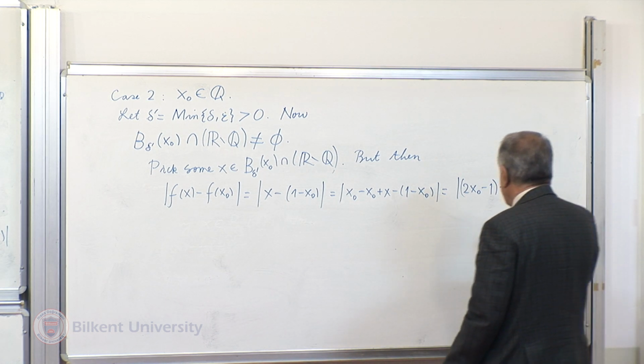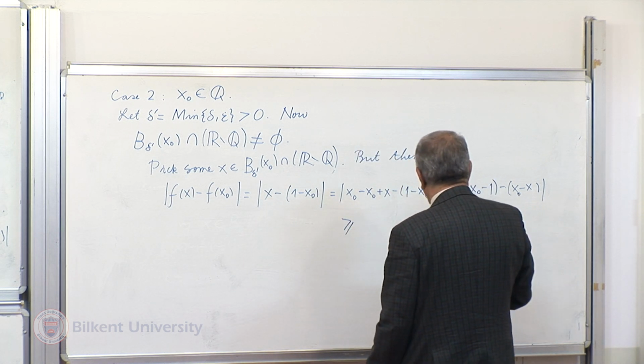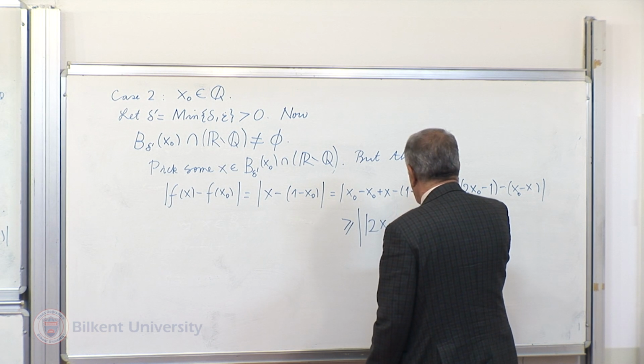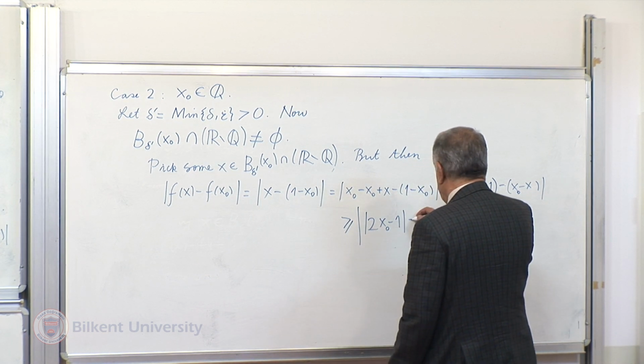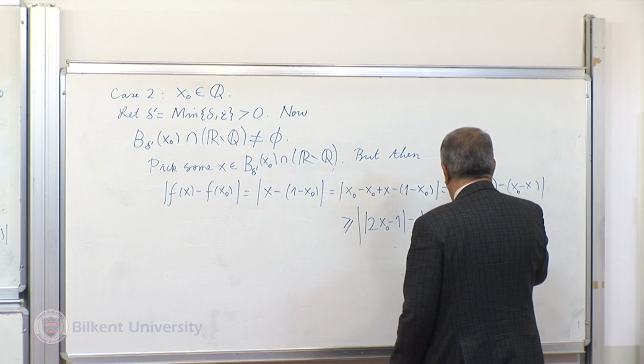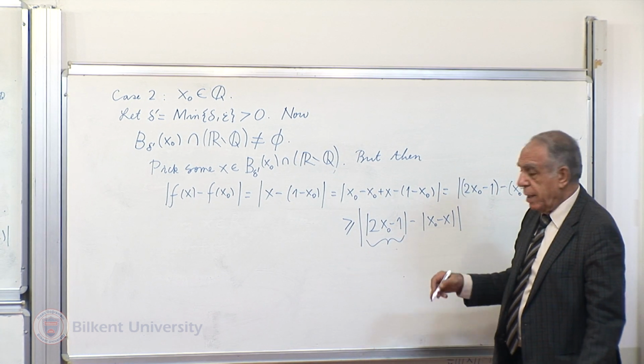But now this is larger than or equal to, by the inequality shown here, the absolute value of 2x naught minus 1 minus the absolute value of x naught minus x. What do we know about this? That's 2 epsilon.